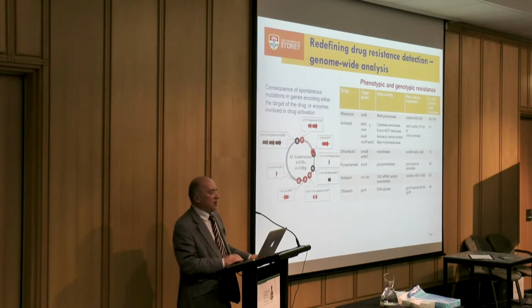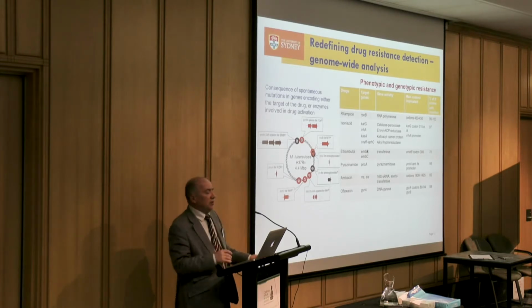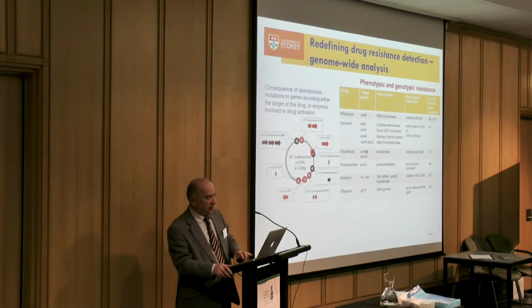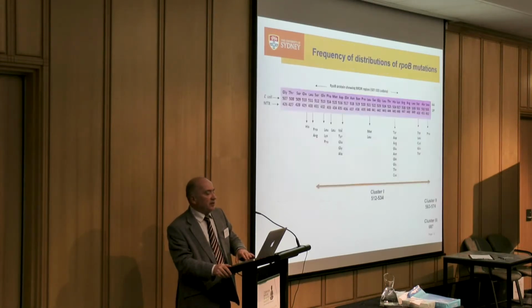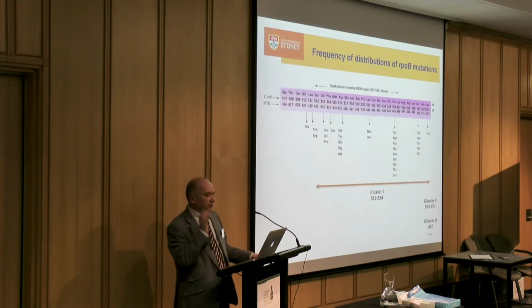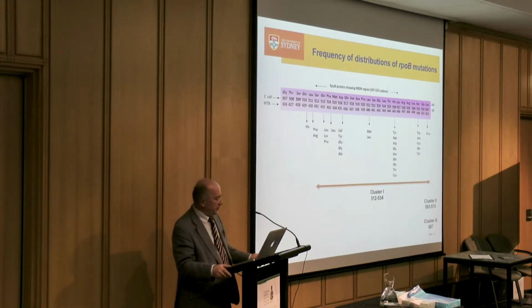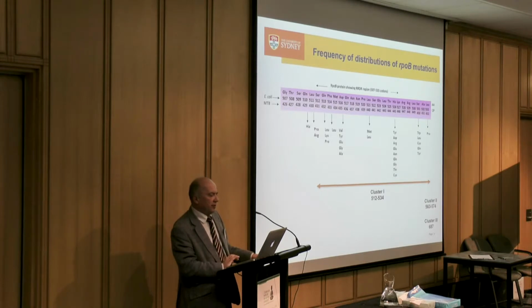And I probably shouldn't be spending too much time on describing each individual gene target that is targeted by first and second line drugs. And I'll use an example of the RPOB gene and pyrazinamide resistance to illustrate the point.